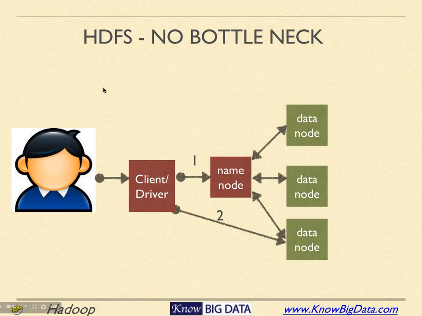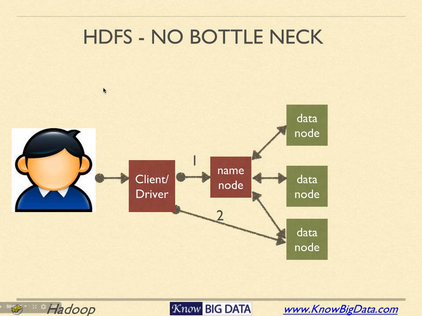The client driver will talk in parallel to 8 different data nodes and write all 8 blocks in parallel. This way, the overall efficiency of writing is improved. And the replication, meaning making the duplicate copies of the blocks, happens amongst these data nodes automatically.